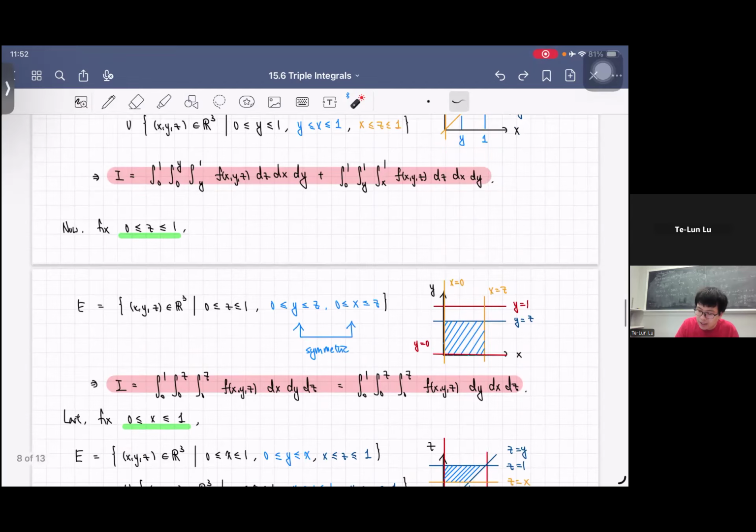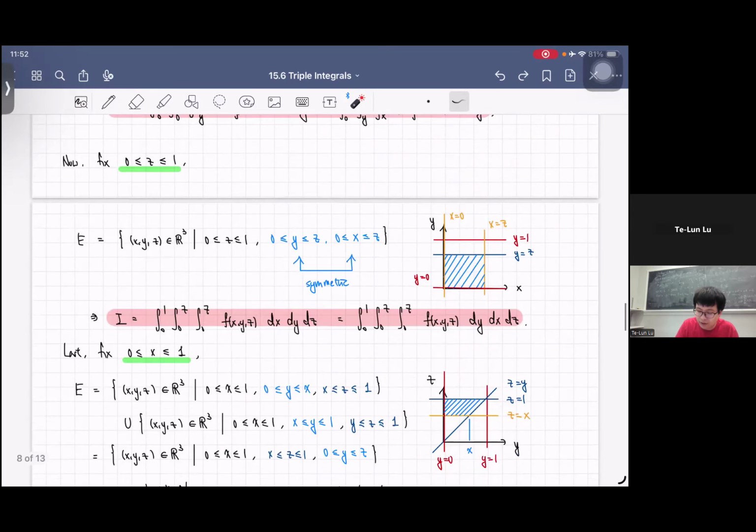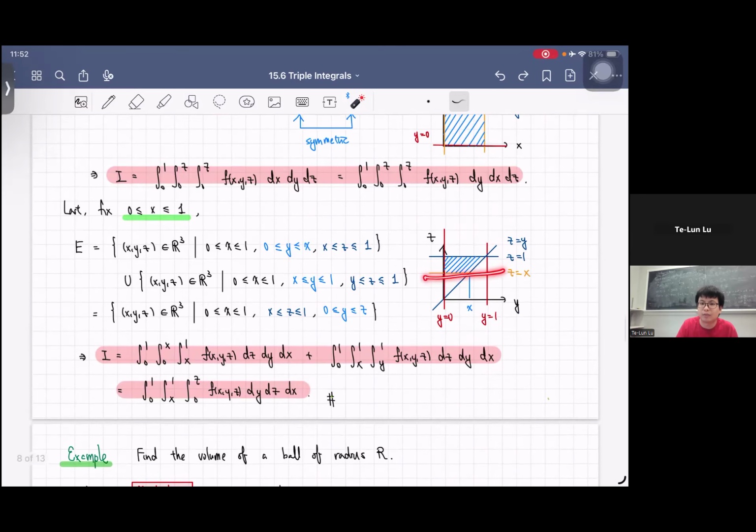And lastly, we have z to be x, the yellow curve. Don't forget that now x is a constant, so this is a horizontal line, not a slanted line. Again, we're dealing with the trapezoidal region.